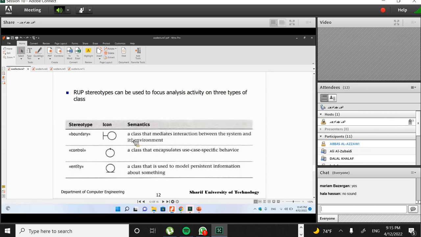Classes which make possible the interaction with other existing systems in the university or its environment, for example, using a fingerprint to register the presence of students in the university, are boundary classes.